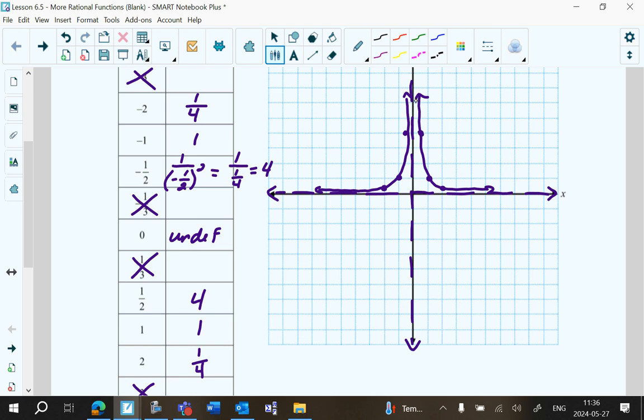So remember when we did 1 over x, we had a curve here and a curve opposite corner, opposite quadrant, or kitty corner. Okay? Here, when it's x squared, you're going to get what I call a volcano-like shape.